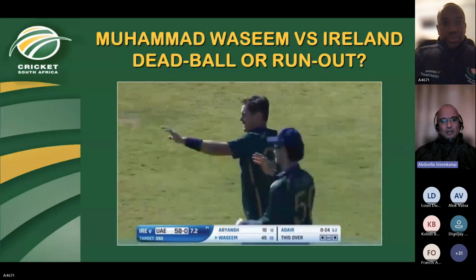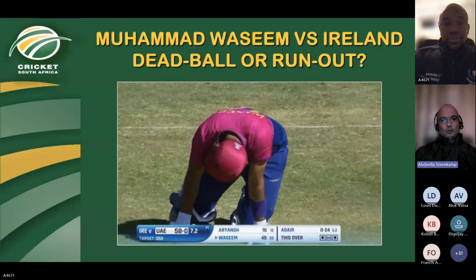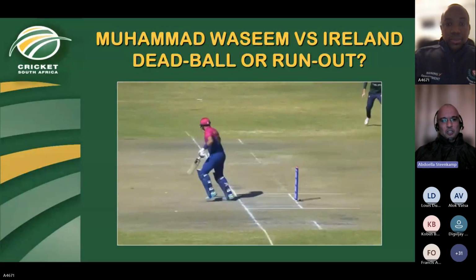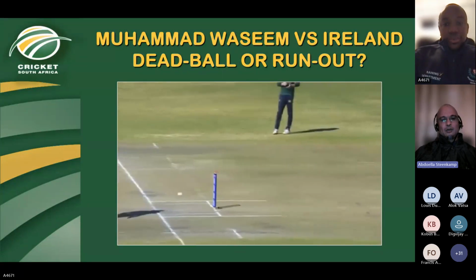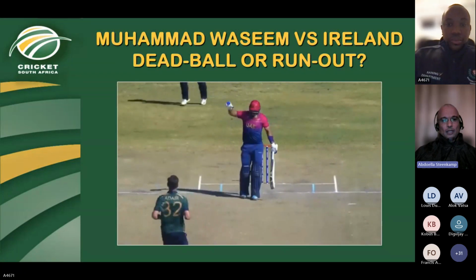So now you need to ask yourself, and we've covered this in the dead ball law, which portion of the dead ball law? It says if there's a possible serious injury to a player or an umpire, either umpire needs to immediately call and signal dead ball.